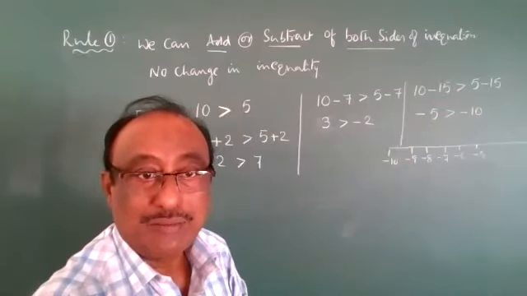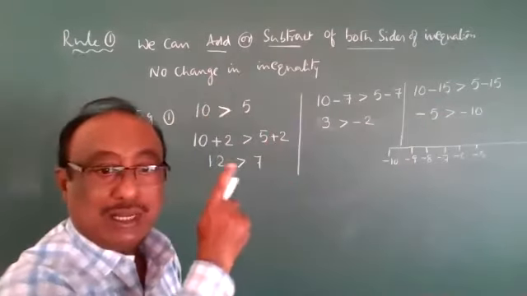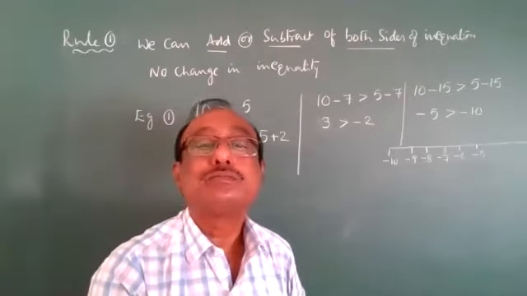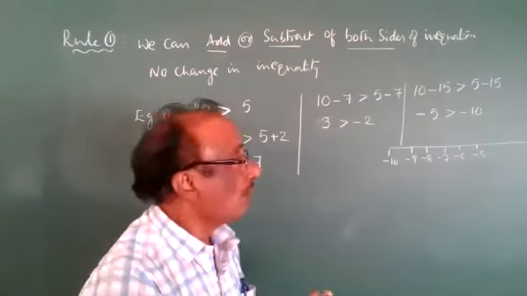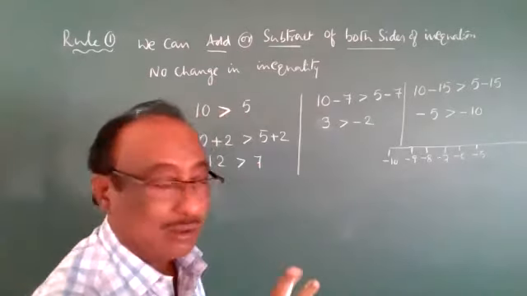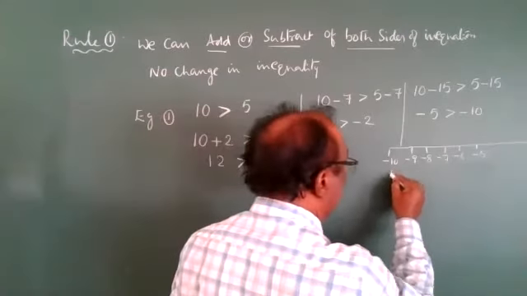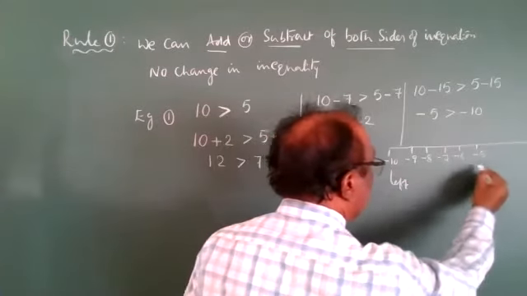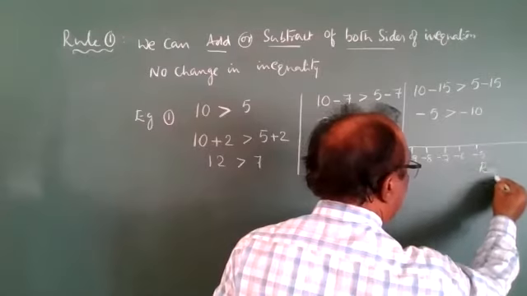So what is rule number 1 in inequality? Everyone remember this point: in negatives, the left side is smaller and the right side is greater.